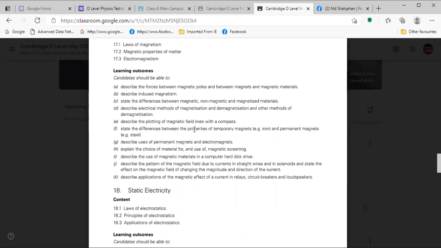Now we have E and F also. F, G, these two are also done, like temporary magnets, permanent magnets, and their examples. Temporary magnets are made from soft magnetic materials and they lose their magnetism if the conditions are removed.